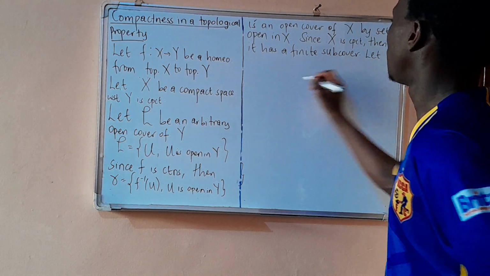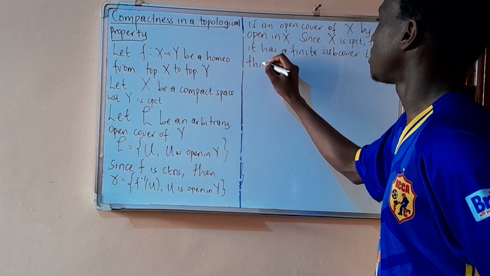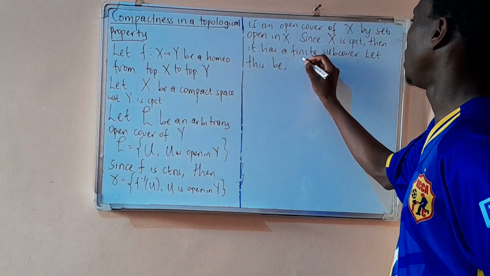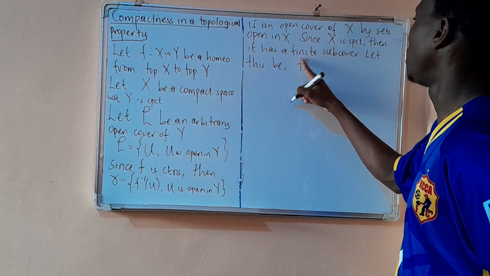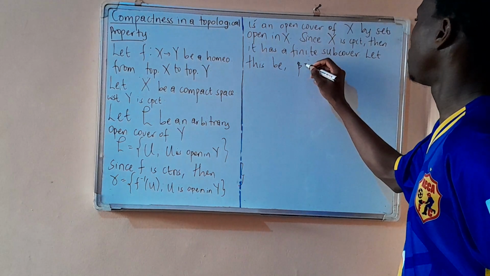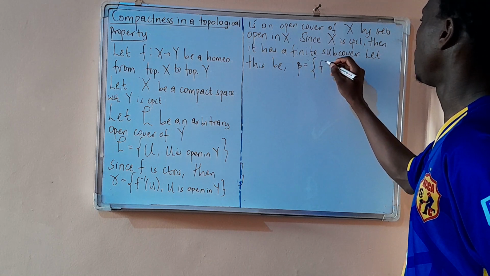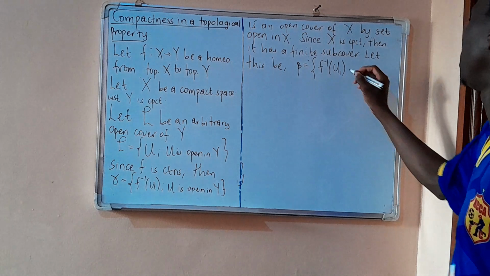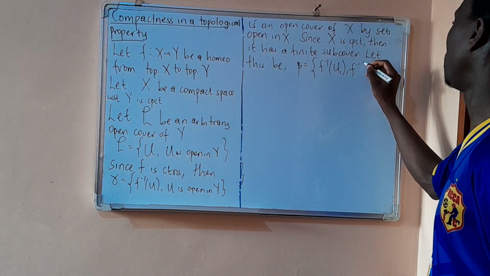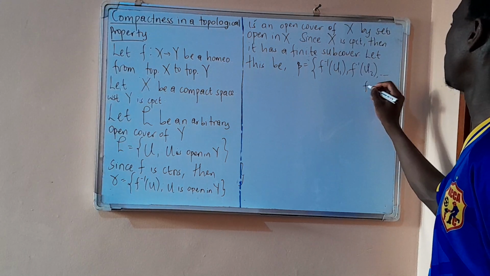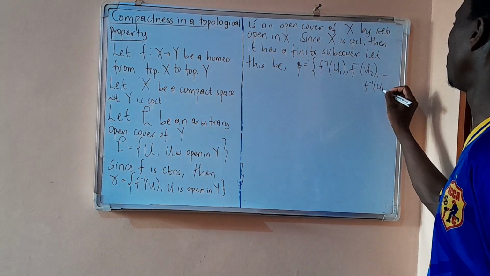Let this finite subcover be the collection beta, consisting of f inverse of U1, f inverse of U2, up to f inverse of Uk.